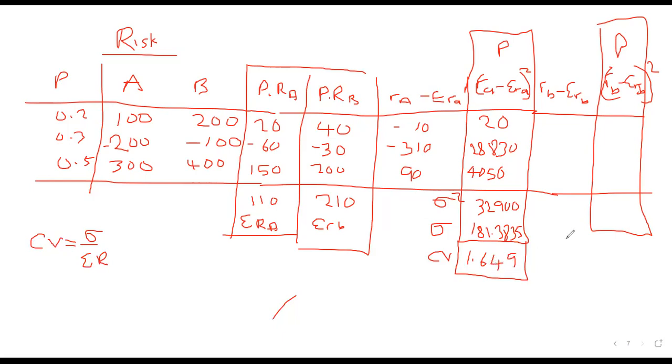Okay, so we'll do the same for asset B. The return minus 210, what is it? Negative 10, squared times 0.2, we get 20.